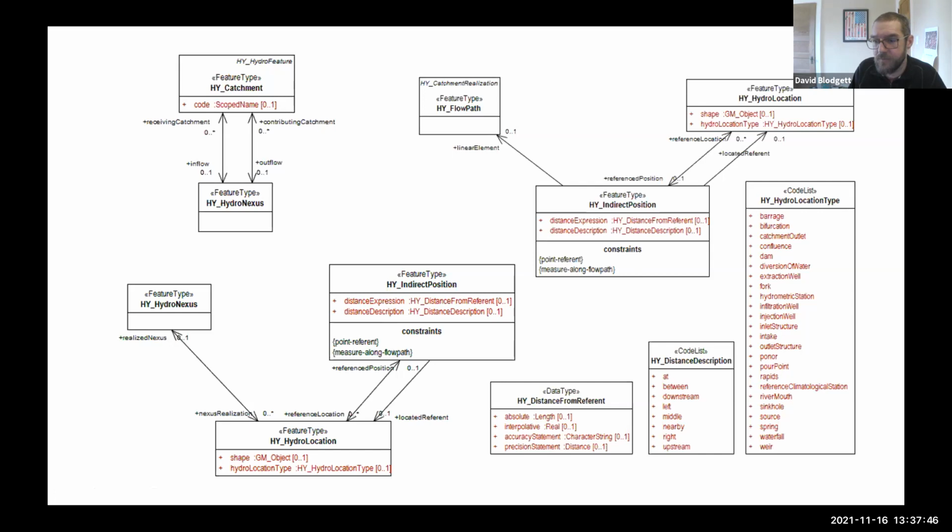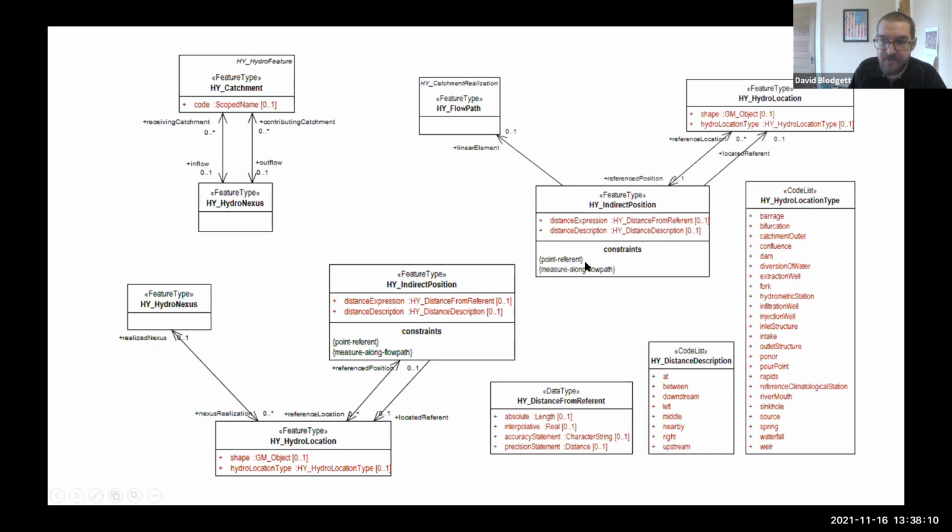And jumping all the way to the end, if we boil it all the way down, all we really need is what main stem river the hydrolocation is to be associated with. So if the one thing that gets recorded in our indirect position is the measure along flow path, where that flow path is just a main stem river, that gets us 90% of the way there.